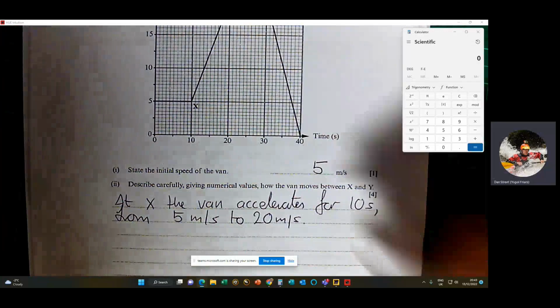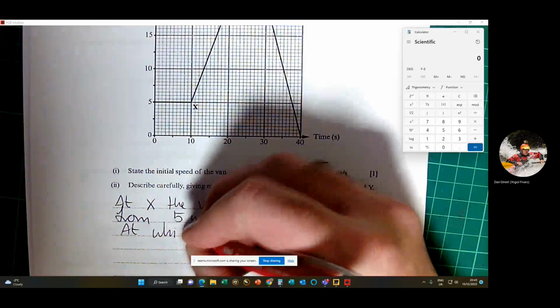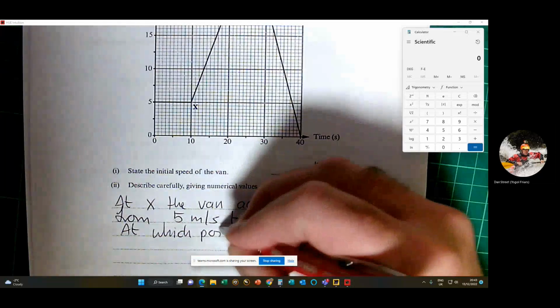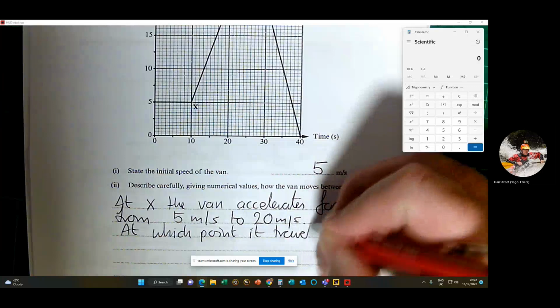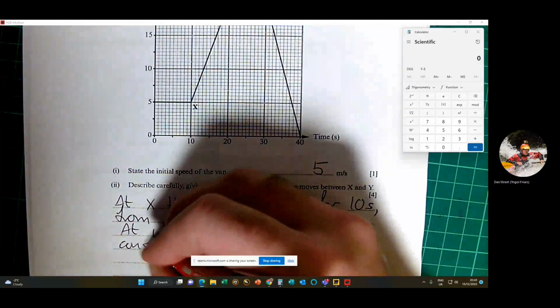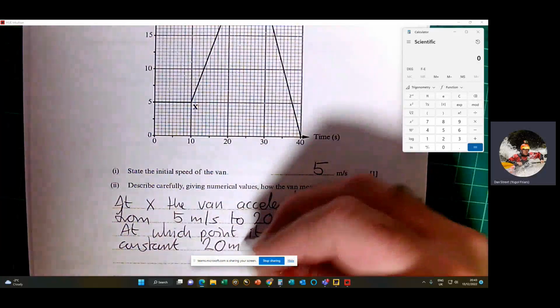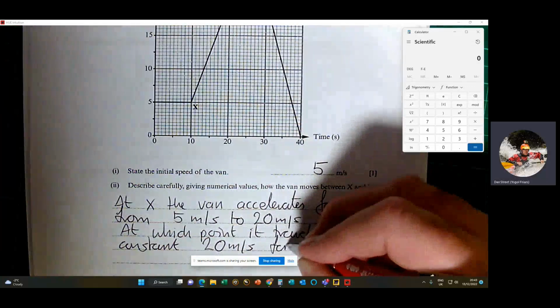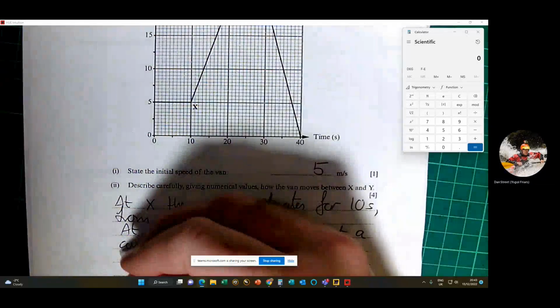Okay, at which point it travels at a constant 20 meters per second for another 10 seconds.